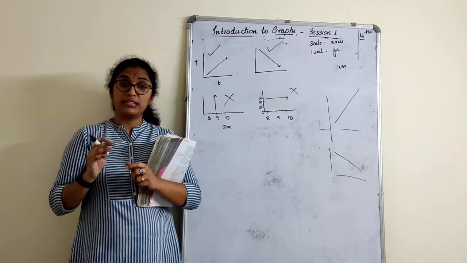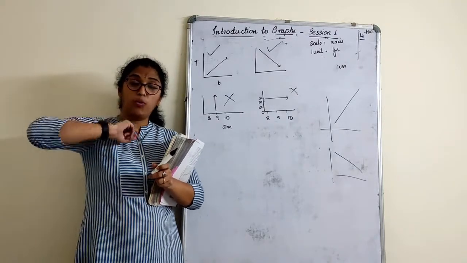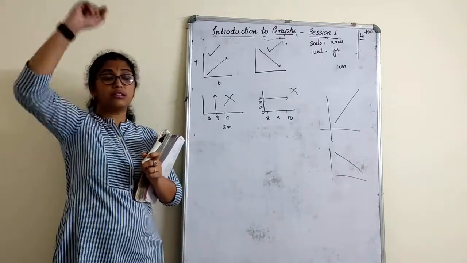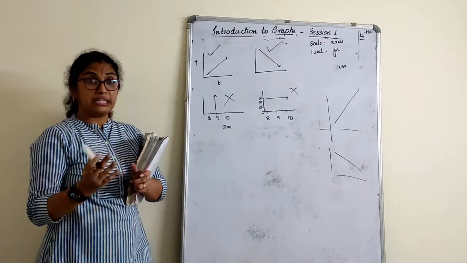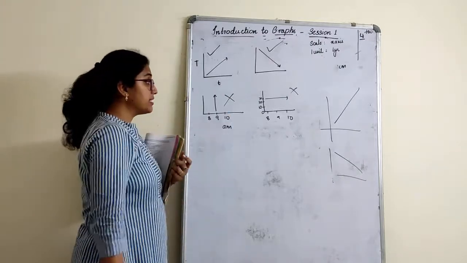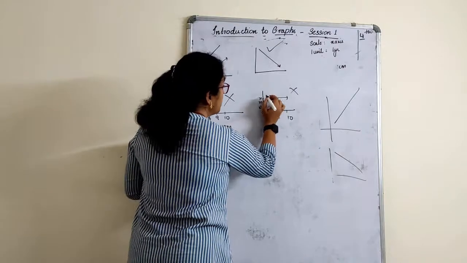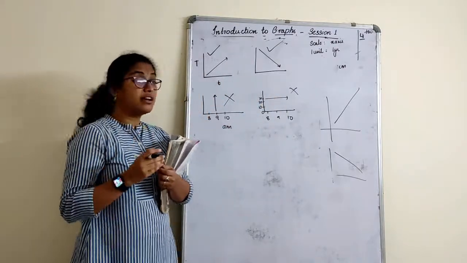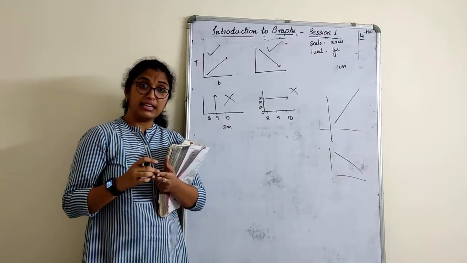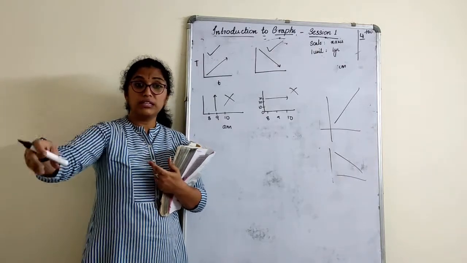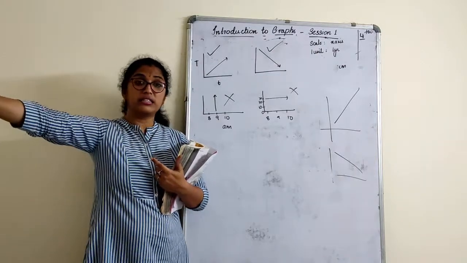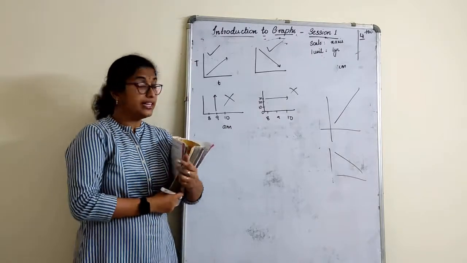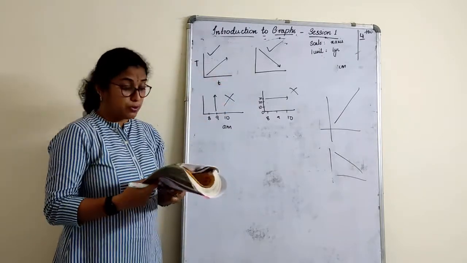Can you imagine the temperature just shooting up at 9 a.m. only? No, right? It's not possible. Same as here. The temperature can't be constant throughout, for example 30 degrees Celsius at 9 a.m., 10 a.m., 11 a.m., 12 noon, 3, 4, 5. Flat at 30 degrees Celsius. Not possible, right? So only these two are possible.